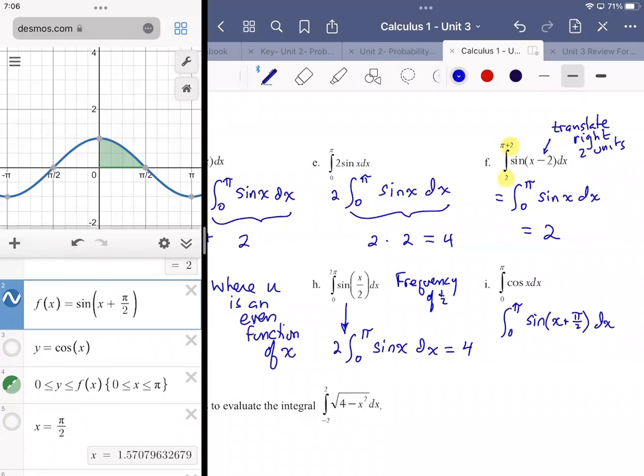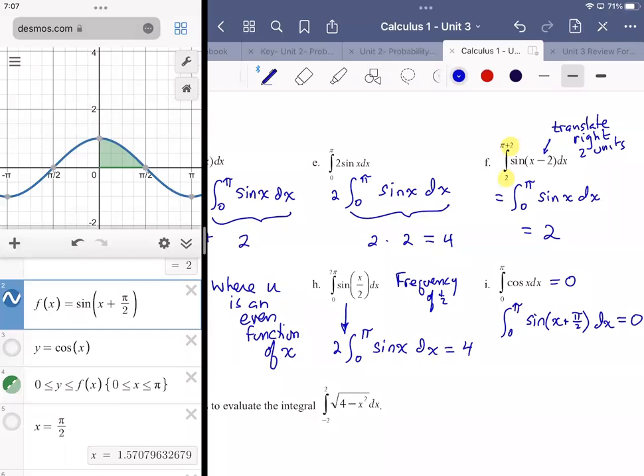In fact, I even have this set up to only go down to the x-axis from the positive f of x. You can just visually inspect and see that over the interval of 0 to pi, you have equal parts above the axis and below the axis. So either way, you'd come up with 0 as a result, whether you looked at the shifted sine or the cosine function itself.